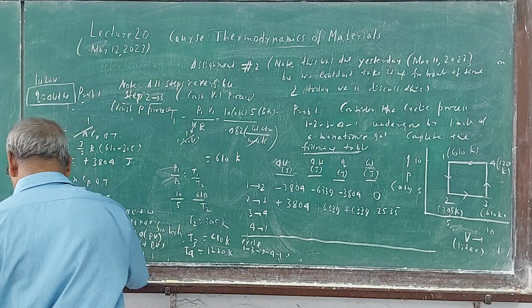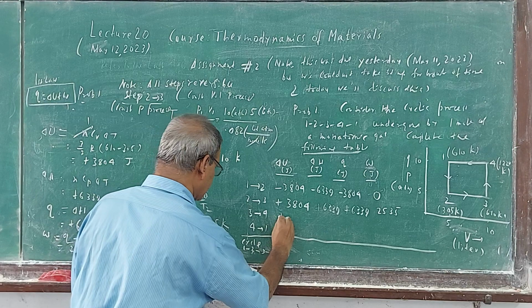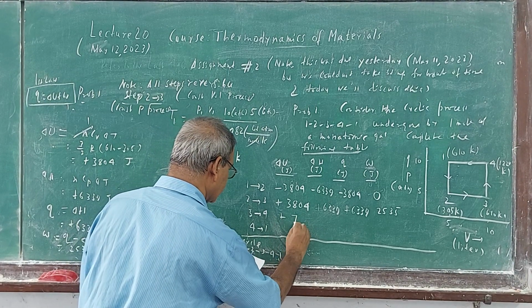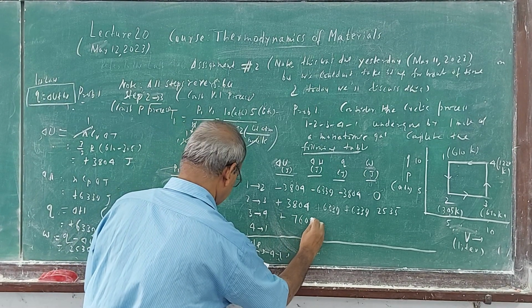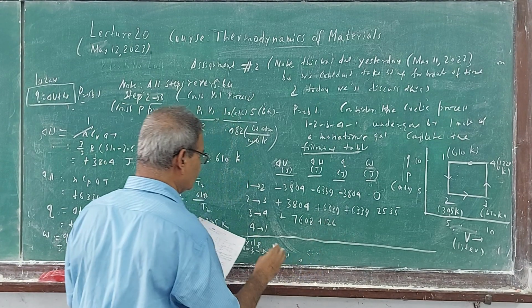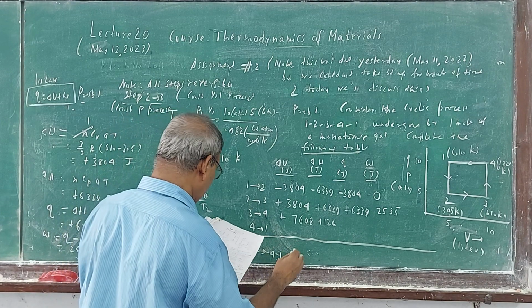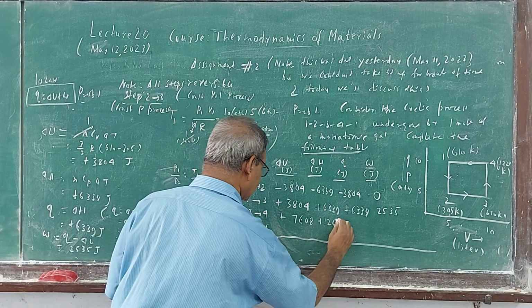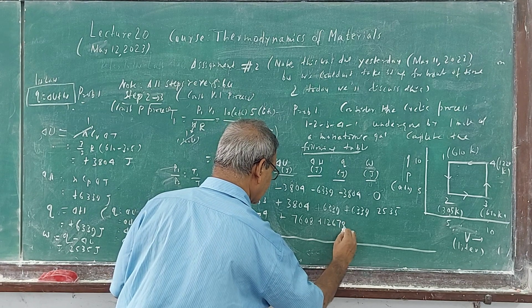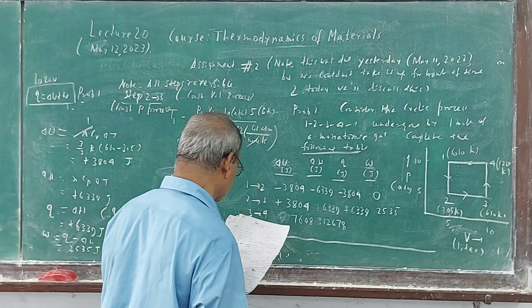Plus 7608, you check. Plus 12678. It is better I should not write the plus every time, plus will be implied. So 12678.